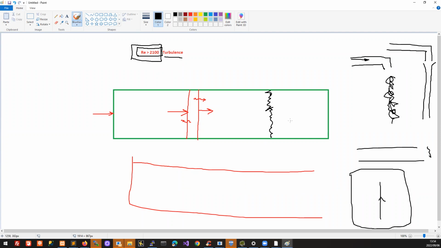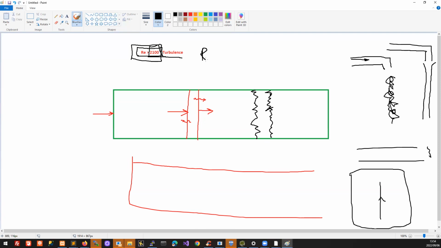So that means we are able to figure out how the fluid is going to behave, and we can design around that. For example, if we wanted turbulent flow because that gave us good mixing or something like that, then we know that we have to maintain a Reynolds number above this range.